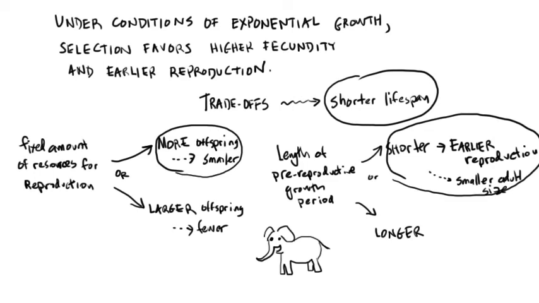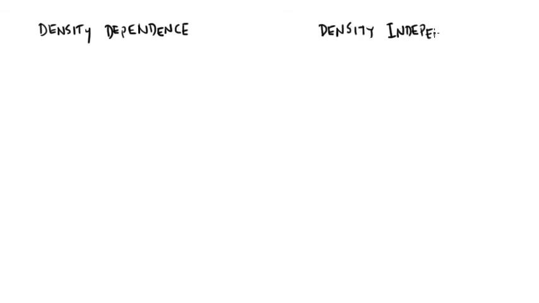Populations are always going to be subject to limits and declines. But the question here is, to what degree is the growth rate of the population tuned to the limits that are set by the reality of the world? And here's where we get to the difference between density dependence versus density independence. In density dependent ecologies, the population growth rate is strongly affected by population density.